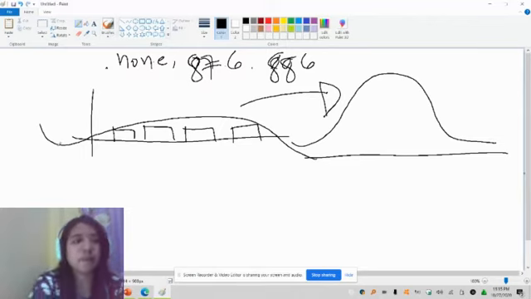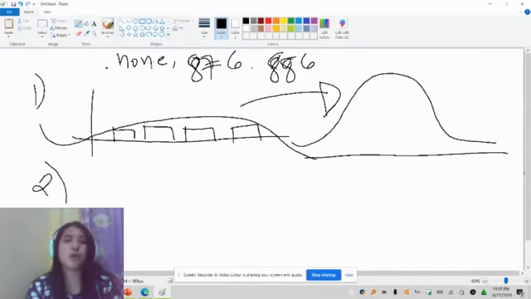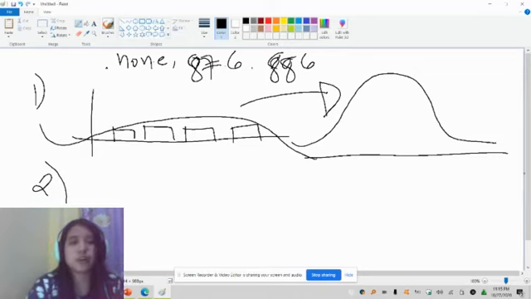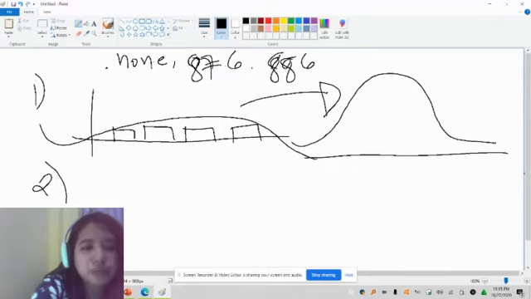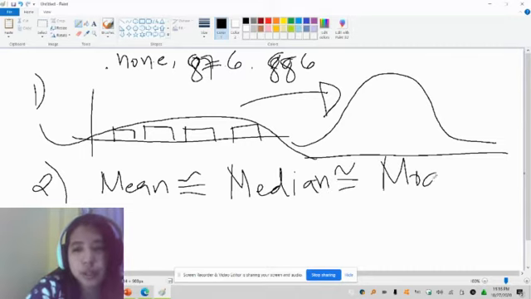So if this is the first one, while if we're going to go to the second one, comparing the mean, the median, and the mode, if our mean is approximately equal to the median and approximately equal to our mode, it means that it is normal.